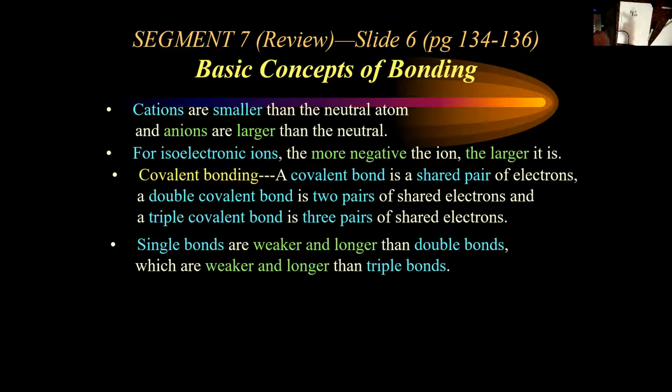Now we're going to imagine bonding. When you bring atoms together, bring your thumbs together so that they match. Now that's a single bond. One pair of electrons shared between two atoms, one represented by your left hand, the other one by your right hand. So you have a single bond.